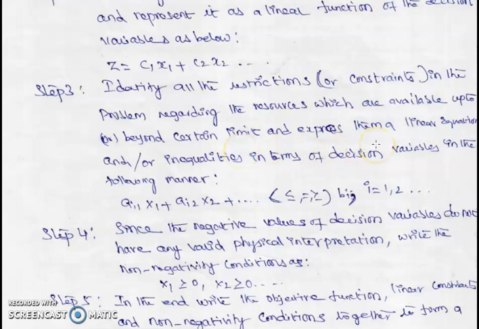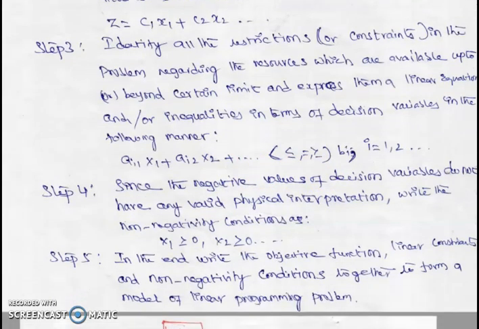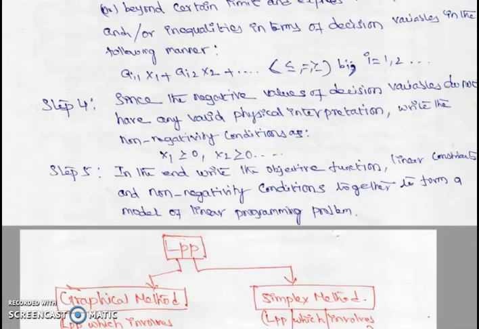These constraints should be linear equations or inequalities in terms of the decision variables in the following manner: ai1 x1 plus ai2 x2 plus ..., less than or equal to, or greater than or equal to, bi, for i equal to 1 to m. And the fourth step: since negative values of decision variables do not have any valid physical interpretation, write the non-negativity constraints: x1 greater than or equal to 0, x2 greater than or equal to 0.